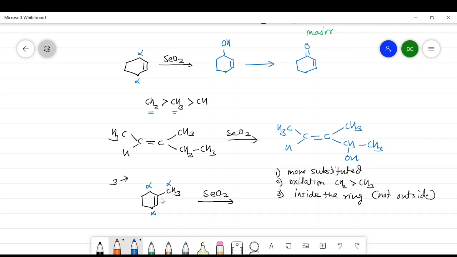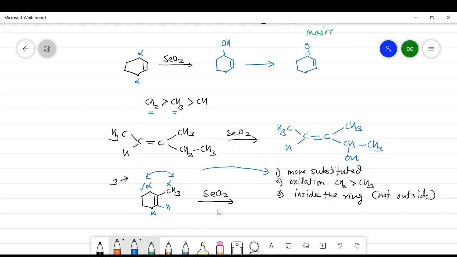Oxidation occurs at the more substituted side. Here there is a presence of hydrogen, therefore this side is more substituted. Here there is a presence of CH3 and CH2, therefore oxidation may occur at this side. And the third characteristic says that oxidation should occur inside the ring. So on this carbon, oxidation should occur, not outside.